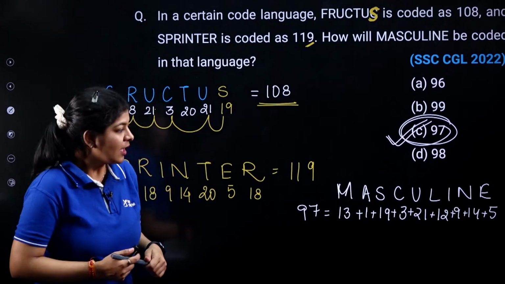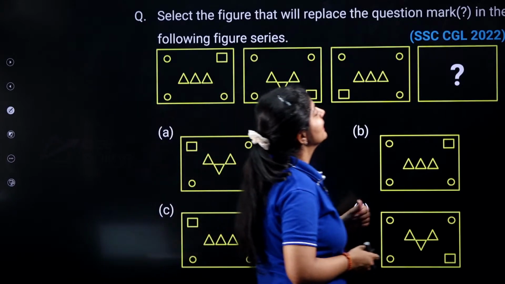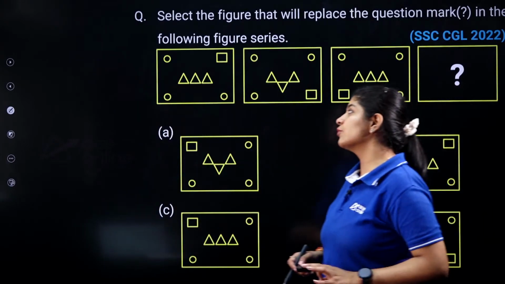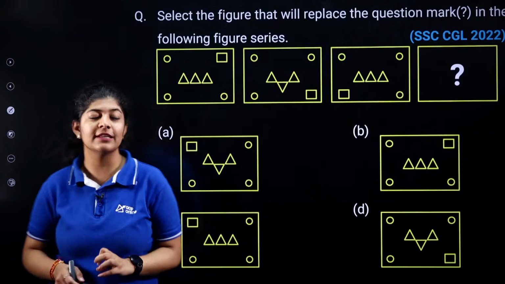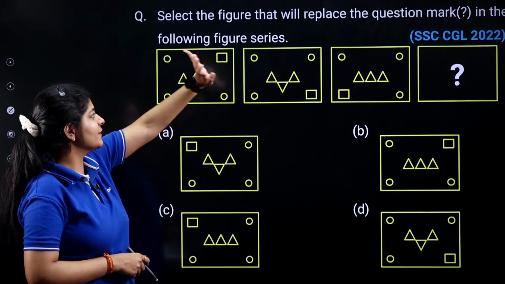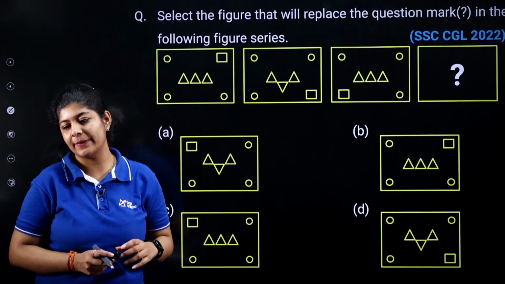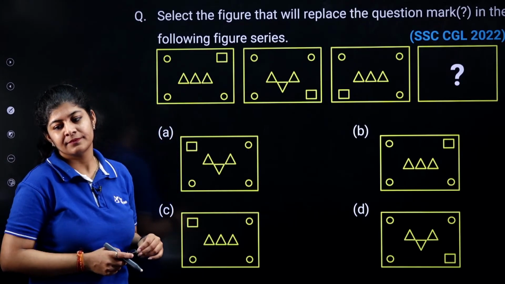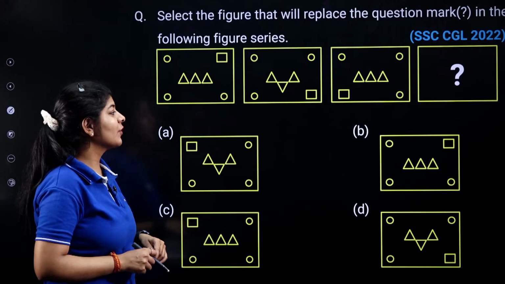Is it clear? So with this question, let's go with the last question of this particular session, and this question is from the concept of non-verbal reasoning, and this question is very easy. You can easily determine the correct answer. I am expecting answers from all of you.